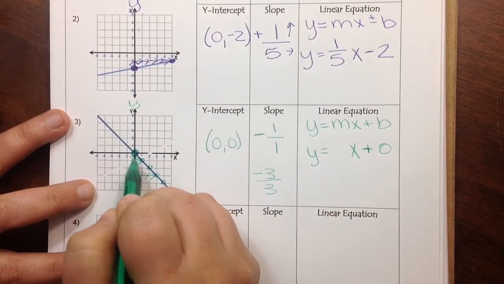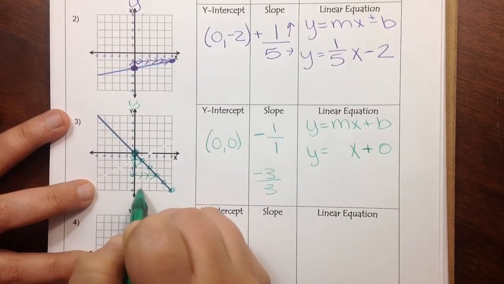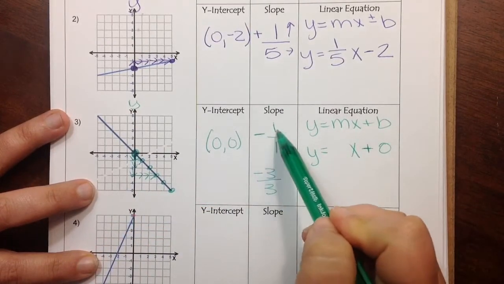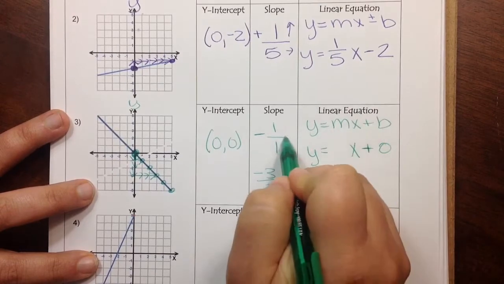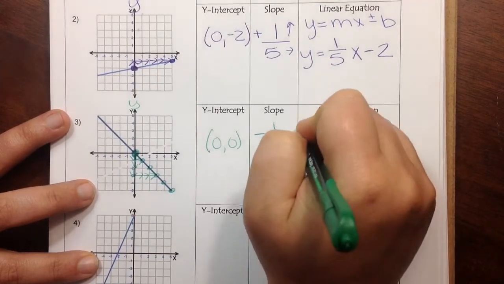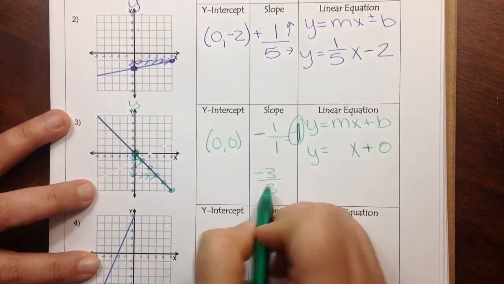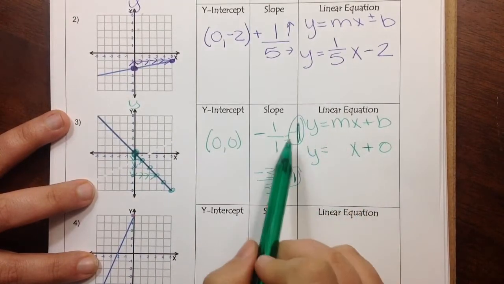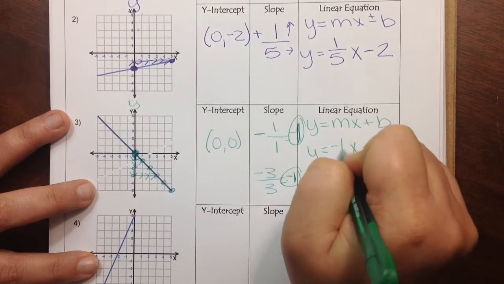You could have even said 5 over 5. And it doesn't matter because -1 divided by 1 gives us -1. -3 divided by 3 still would give us -1. So that means our slope would be -1.